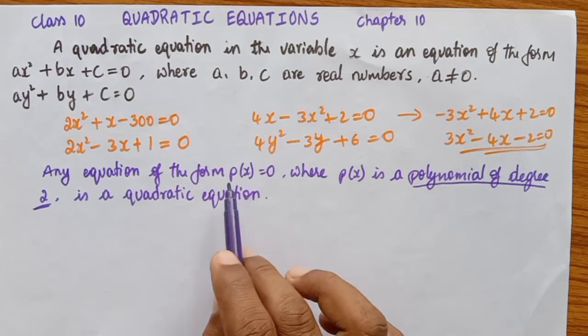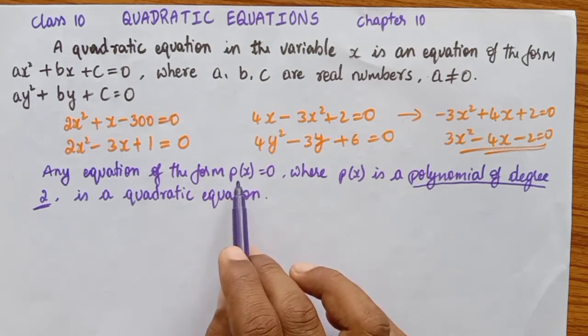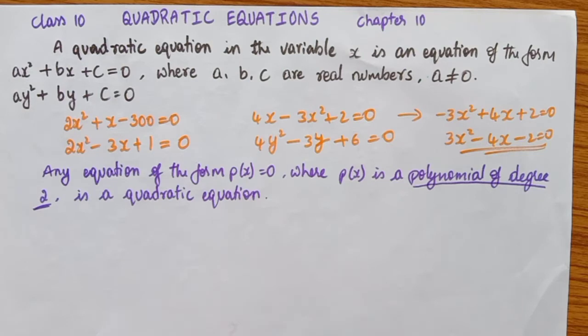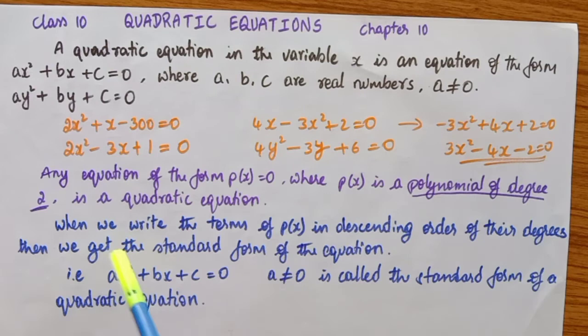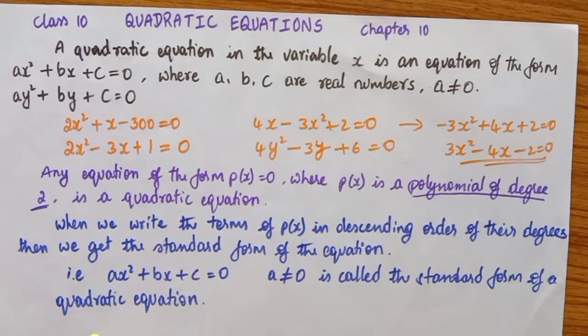One should not forget, and the equation should be of the form p of x is equal to 0. When we write the terms of p of x in descending order of their degrees, then we get the standard form of the equation, that is ax square plus bx plus c is equal to 0, a does not equal 0, which is called the standard form of a quadratic equation.